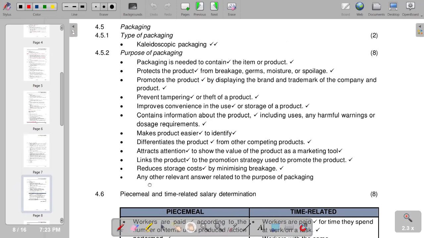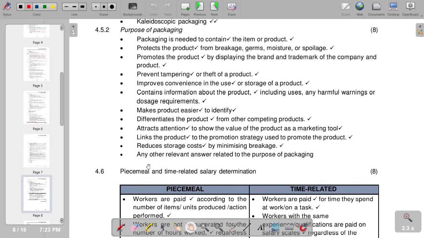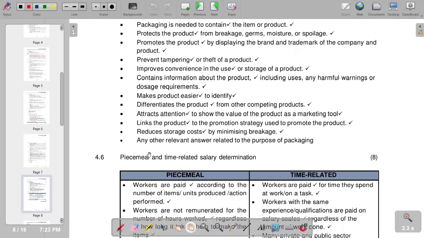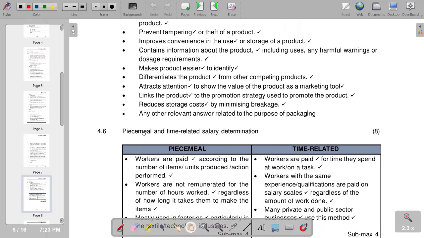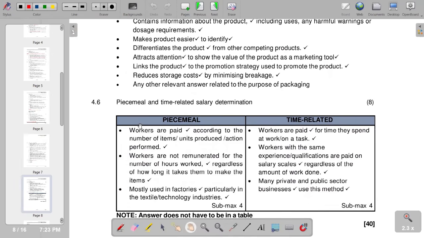Moving on, we also have a comparison between piecemeal and time-related salary determination. These are the differences that we have between the two.